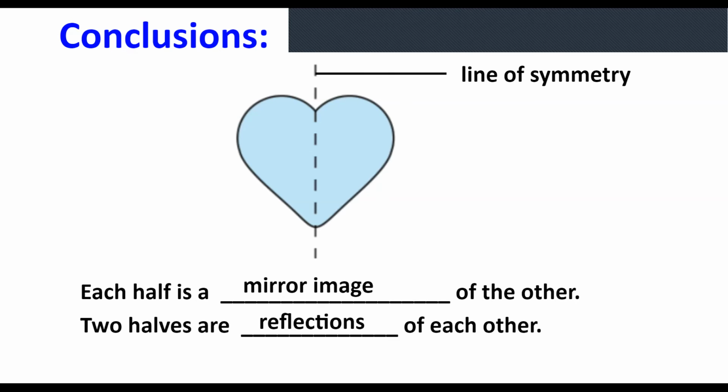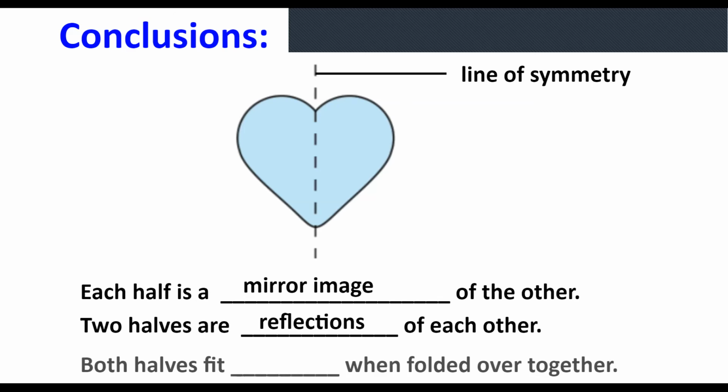And that's why they can say, hey, it's like looking at itself in the mirror, the two halves are reflections of each other. And when I fold them, it fits exactly. This is particularly the term that I like from what Ayla wrote there, because it fits exactly.